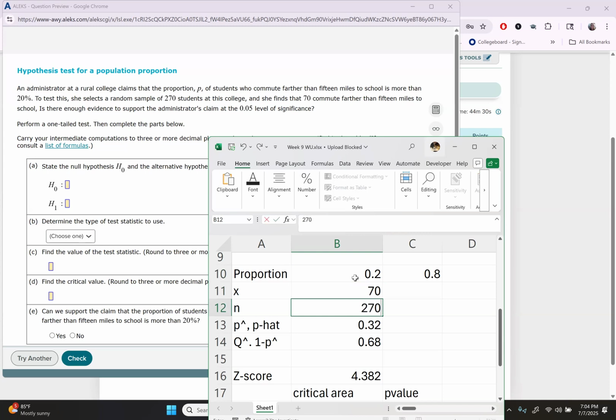The value that the P hat represents is 0.26. 70 over 270 is 0.26. And 1 minus this is basically going to give you that number. If you look at the proportion, I did 0.2 and 0.8. 0.2 and 0.8 are complements of each other, and you need them in the formula. This is also a formula.